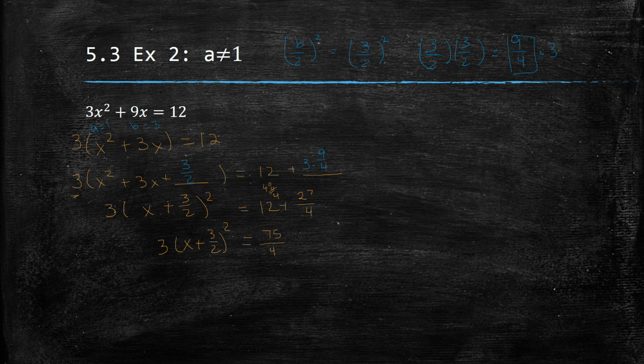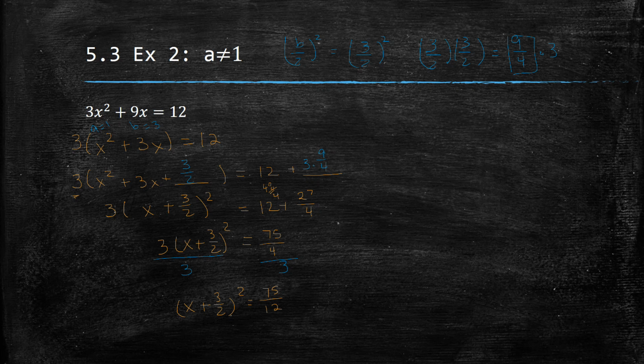Now before we solve this, we have to get rid of that 3 there. So we're going to divide each side by 3. Remember, this is your keep, change, flip. You can plug it into your calculator, whatever you need to do to simplify that. Now we have x plus 3 over 2 quantity squared is equal to 75 over 12.